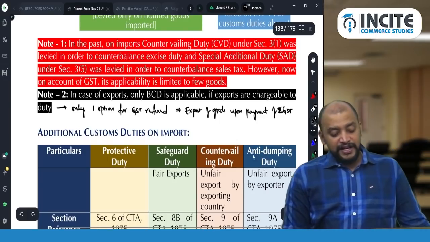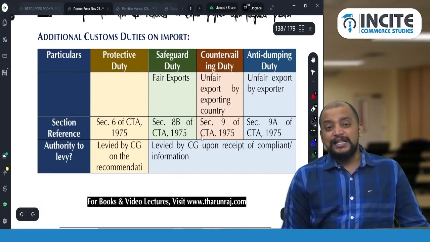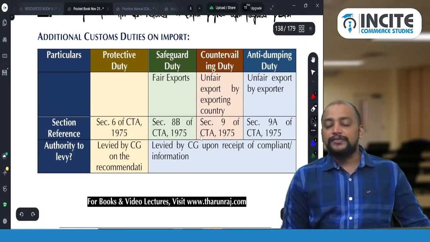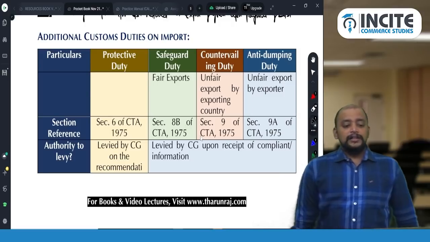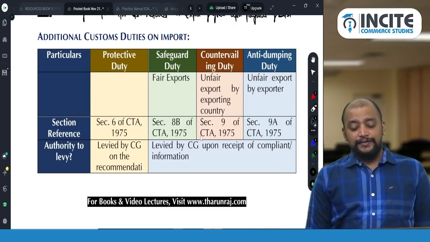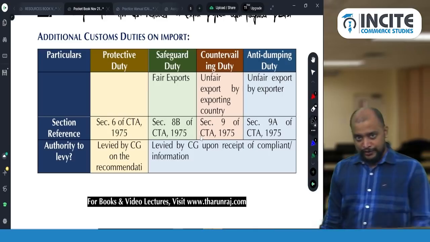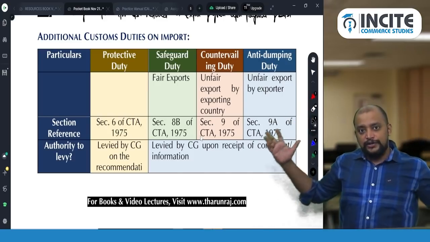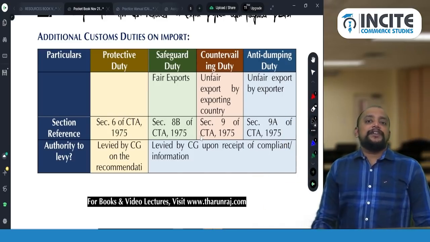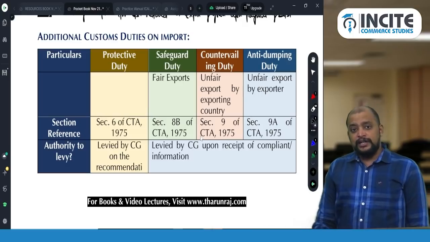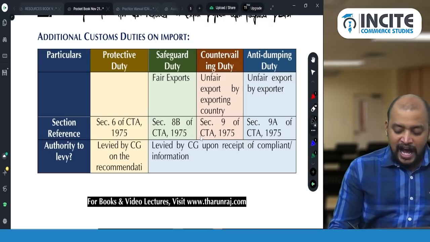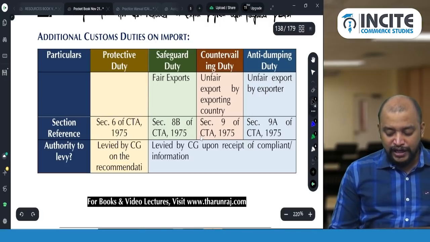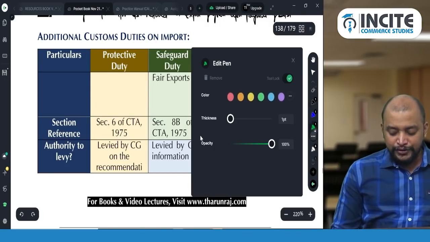Then after these basic levies, we have additional levies. These are known as additional customs duties: protective duty, safeguard duty, countervailing duty, and anti-dumping duty. So these are the 4 additional duties that we have. As we already came across one countervailing duty, you might get confused, so that's the reason I'm giving you this.